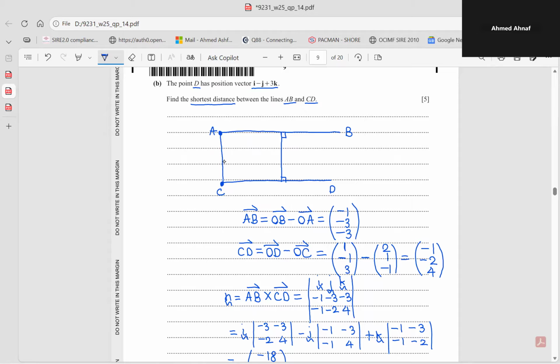The only condition is that it has to connect both ends of the lines on the same side. So AC. You could also do the same for BD.